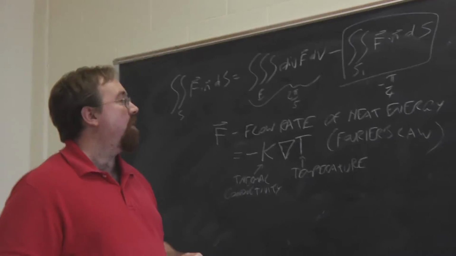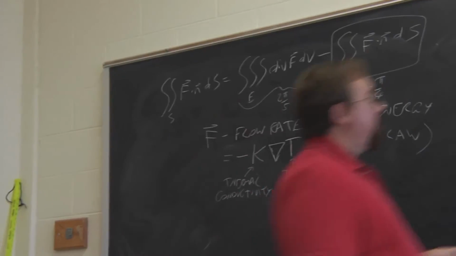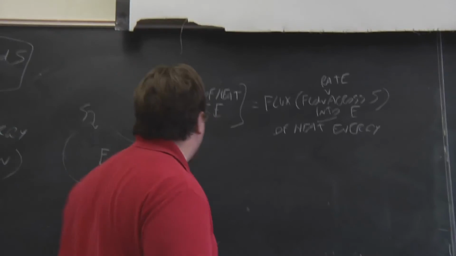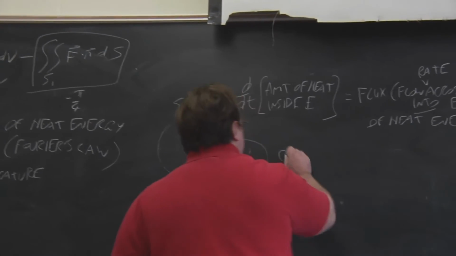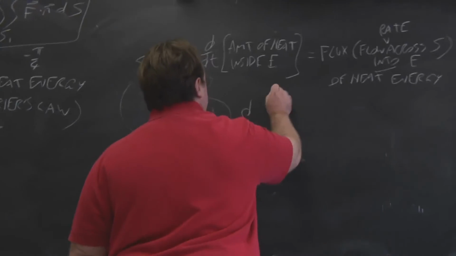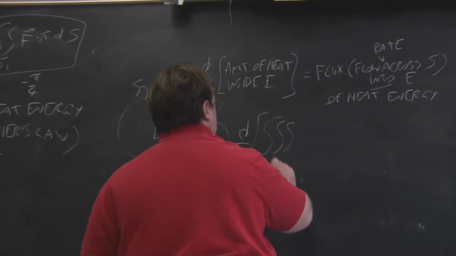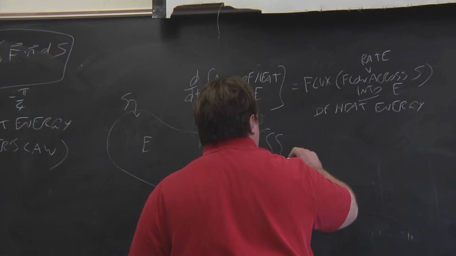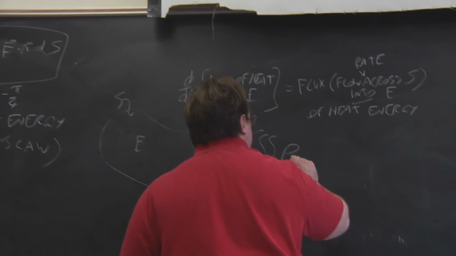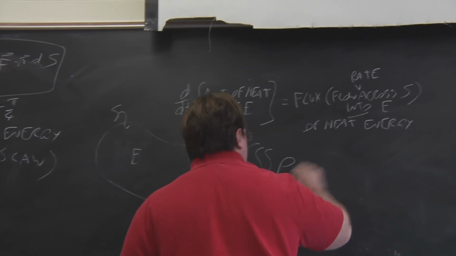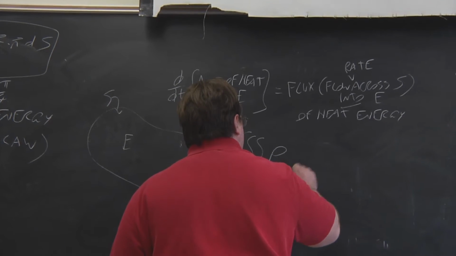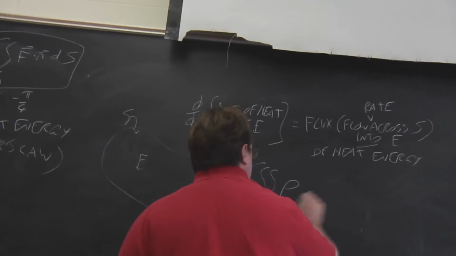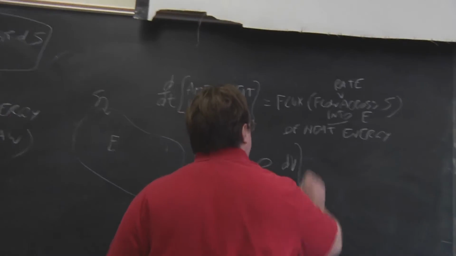Okay, now if we express all of this in terms of integrals, here we have rate of change with respect to time of a triple integral over the solid of rho, which is energy density, dV.